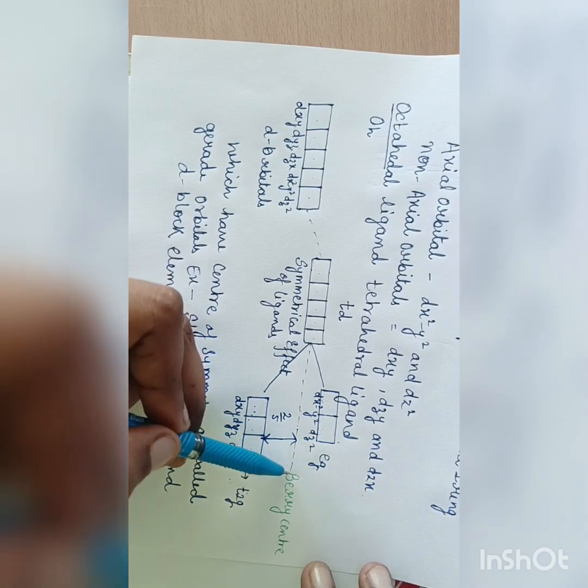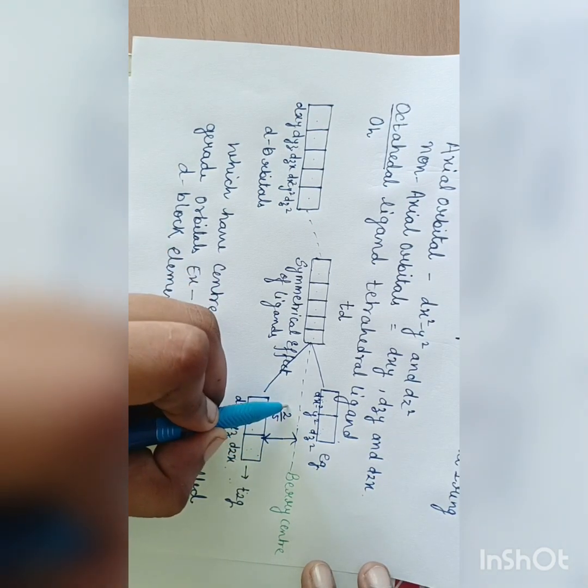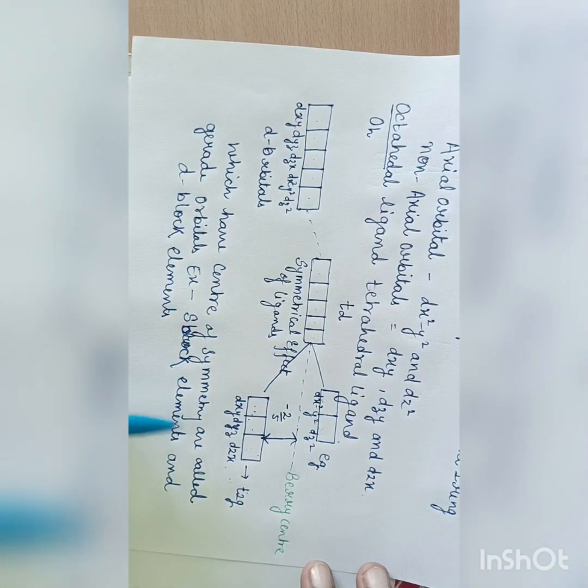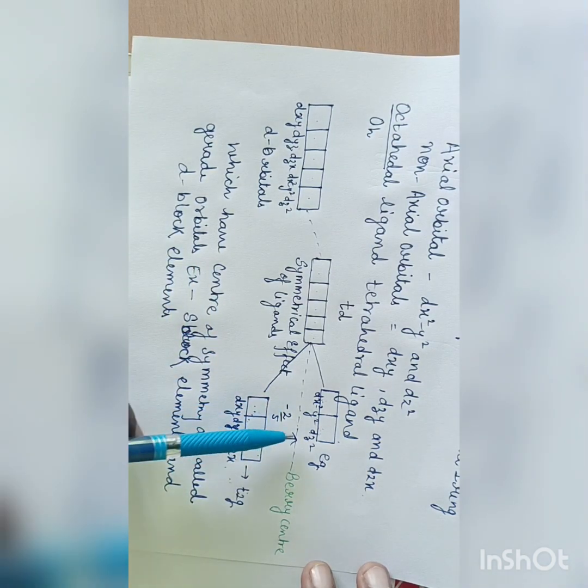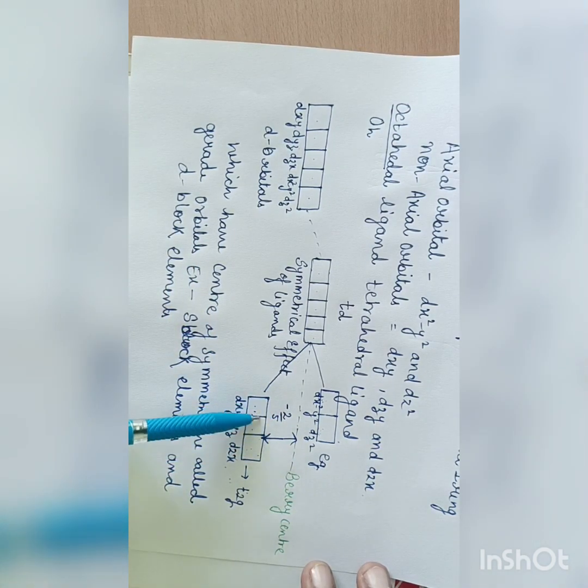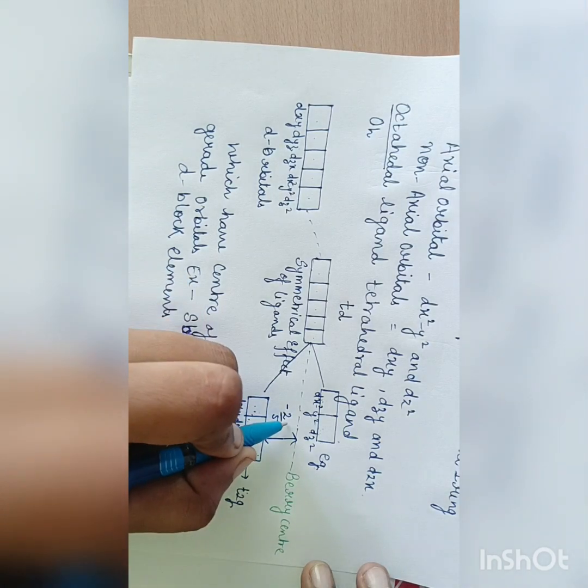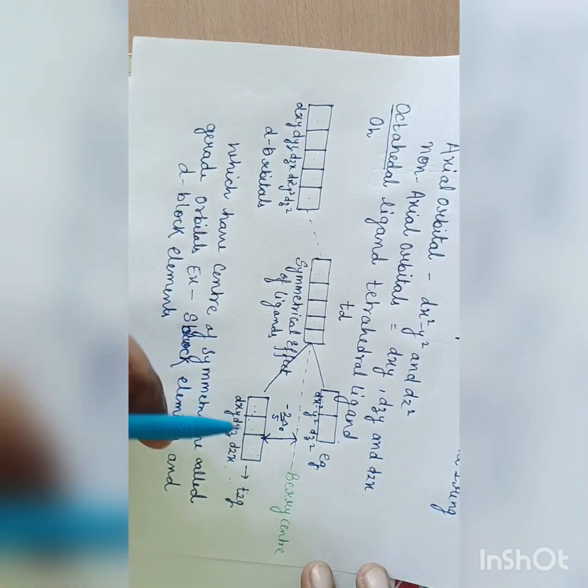So this is present below the barycenter, so we will put a minus sign here. The energy here is 2 by 5 and this is for octahedral, so we will write it as delta naught. This is minus 2 by 5 delta naught.